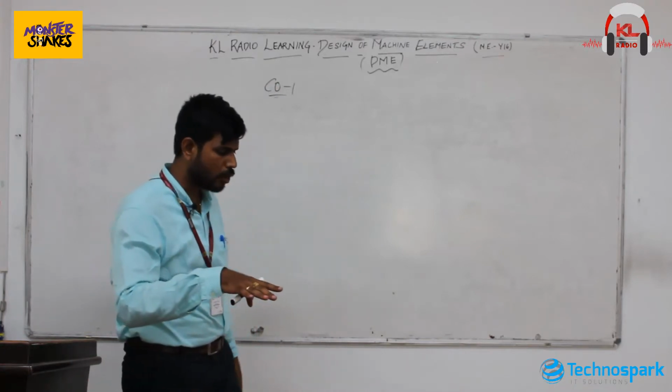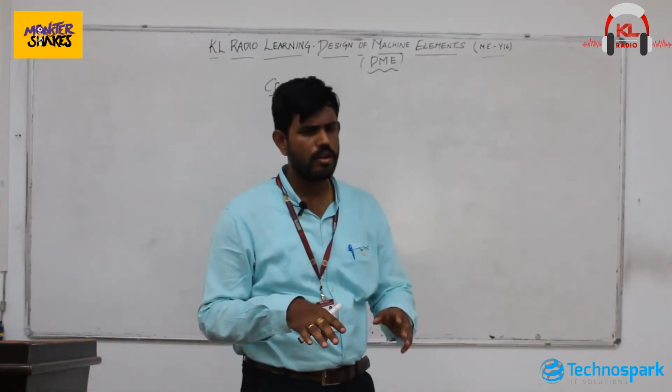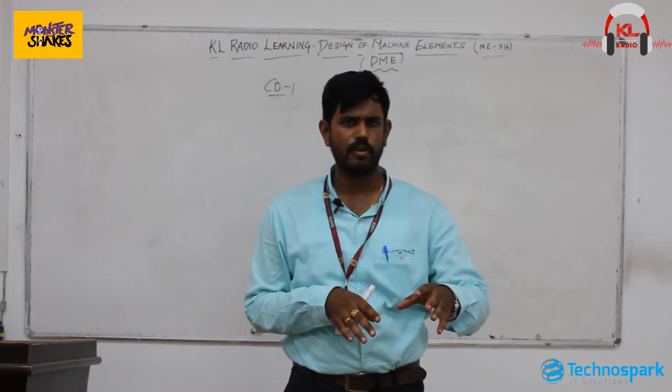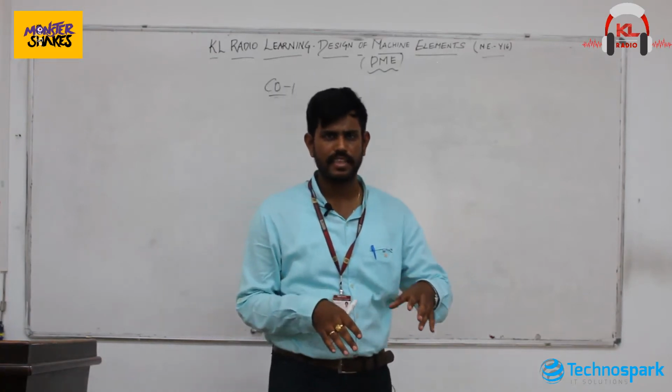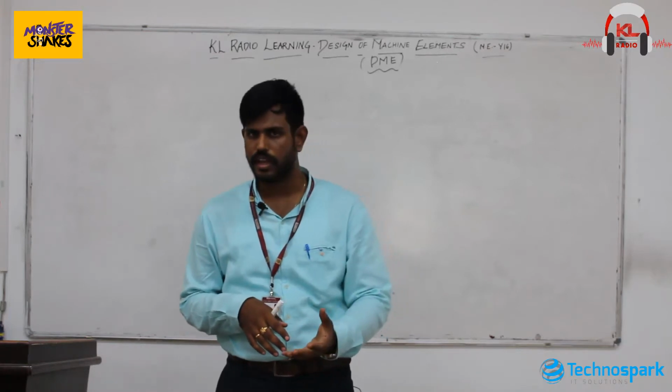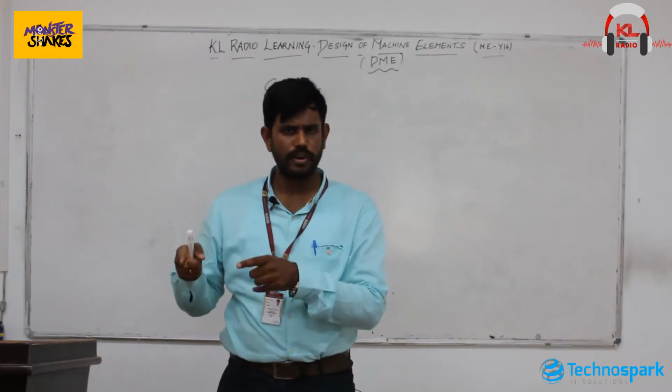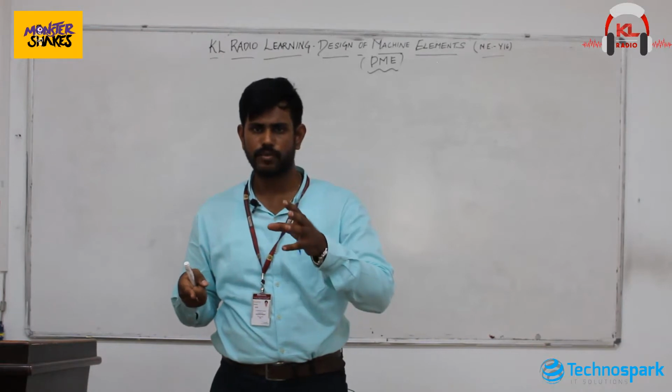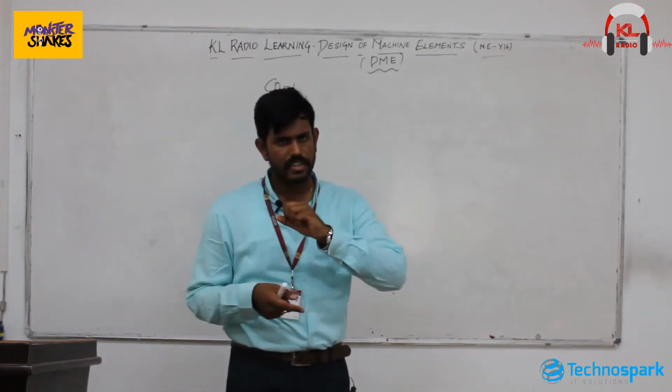Now the second part in CO1 deals with fatigue loading. Up to now, the loads we have seen are static in nature, that is, the magnitude and the direction of the loads are not changing. But when you go for fatigue loading, the magnitude as well as the direction of the load gets changed.